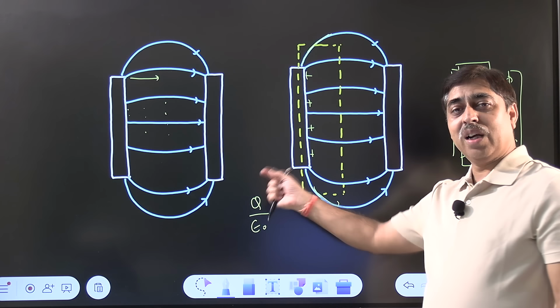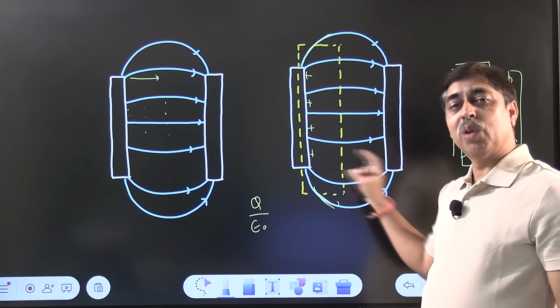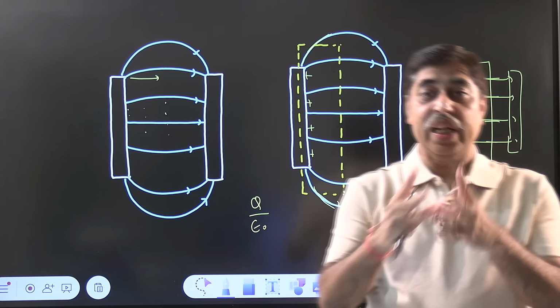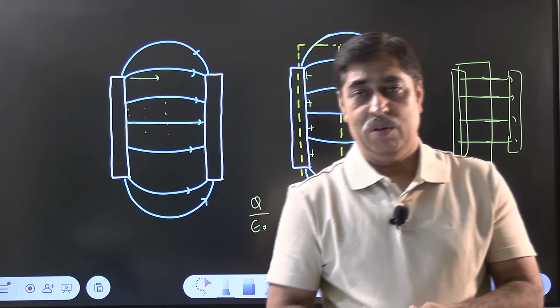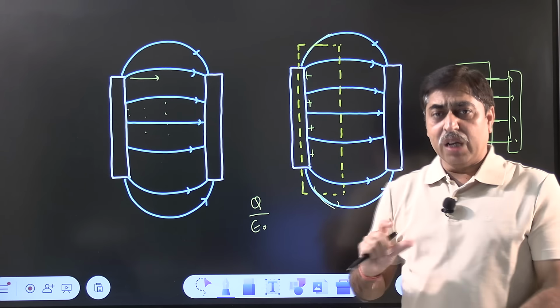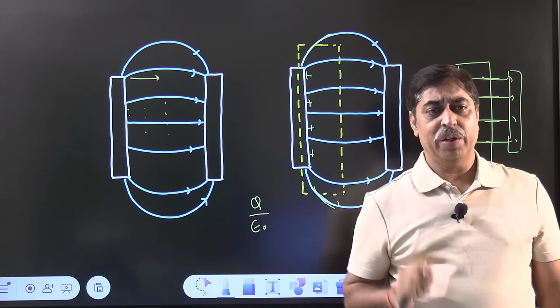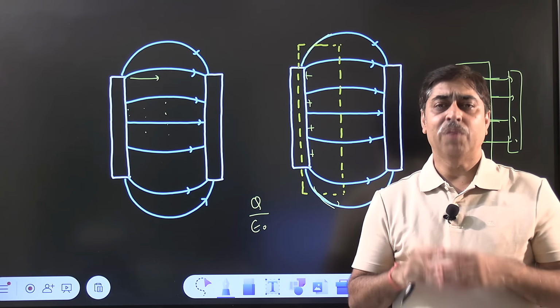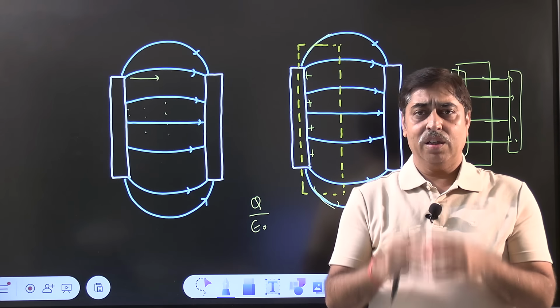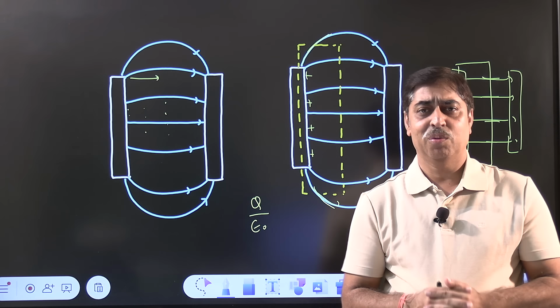So, the electric field being less, the potential difference will be less than what you are taking it as right now. So, for the same value of charge, if the real potential difference is less than the calculated value, obviously the real capacitance will be higher than the calculated value.